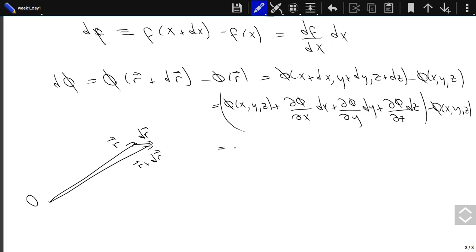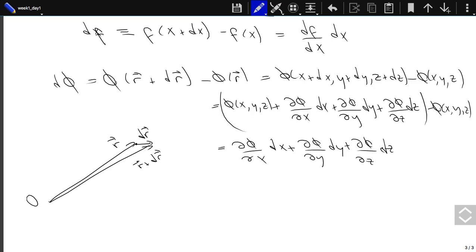And what I am left with is d phi by dx times the change in x plus d phi by dy times the change in y plus d phi by dz times the change in z. So if I just shift my point very slightly, this is how much my function will change. This is, in a sense, the generalization of the equation on the first line to three parameters, 3 arguments.